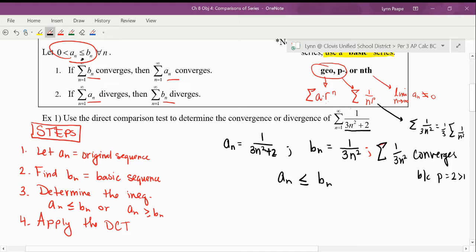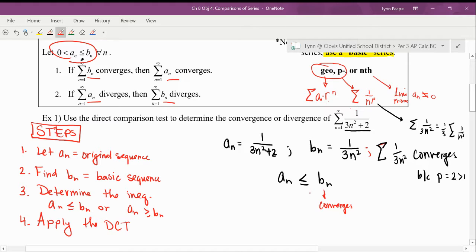I know that the sum of the series 1 over 3n squared, that infinite series, will converge because the power is equal to 2, greater than 1. In my brain, I'm thinking that this one converges by the p-series. That's my basic series, and I know that it is always greater than or equal to An.